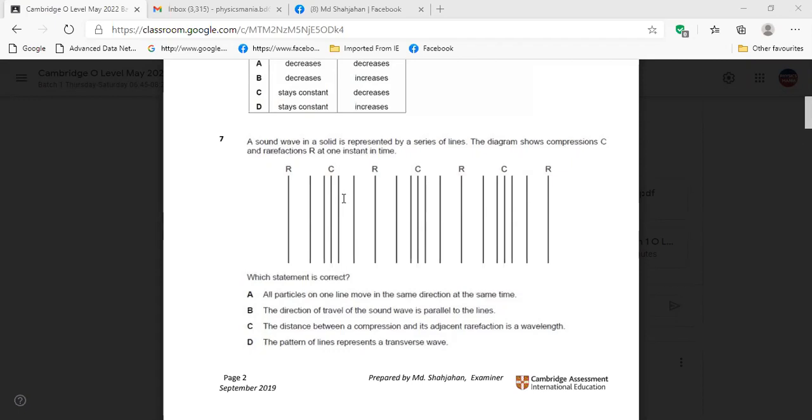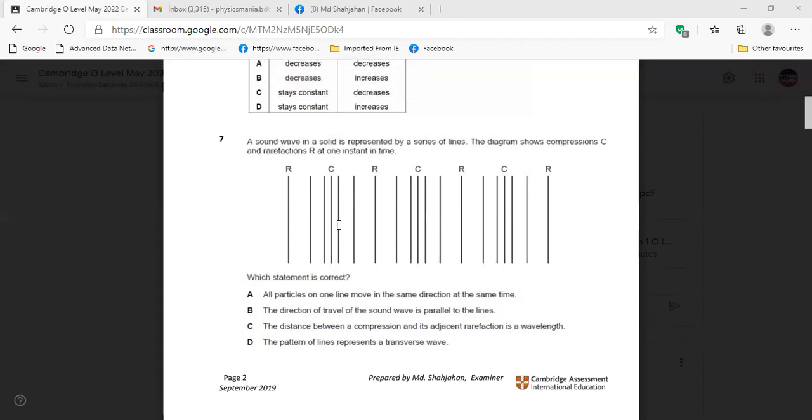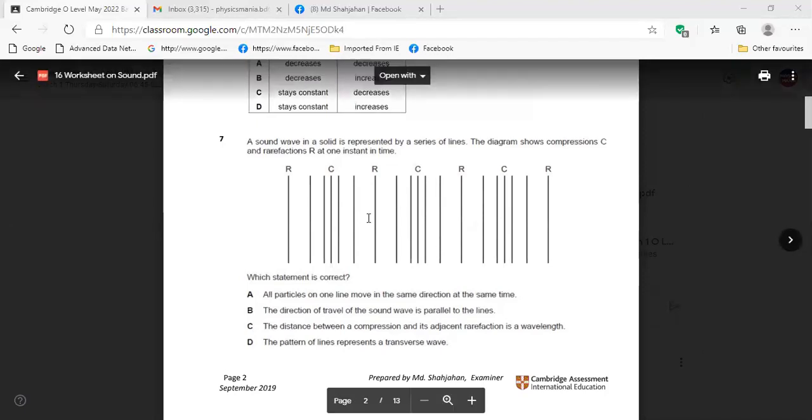The lines are given vertically, upward and downwards, and our wave is going to the right side. Energy transfer is shown to the right side.